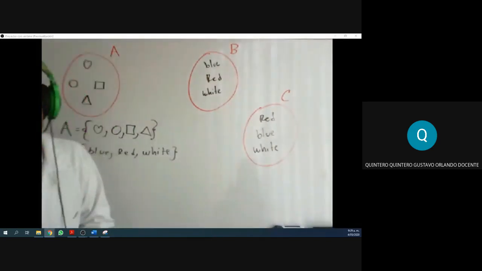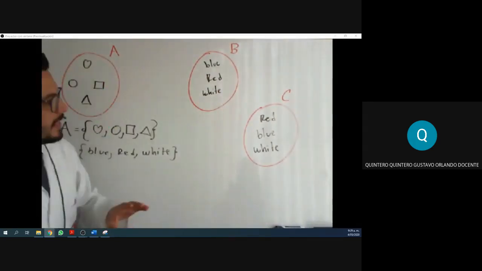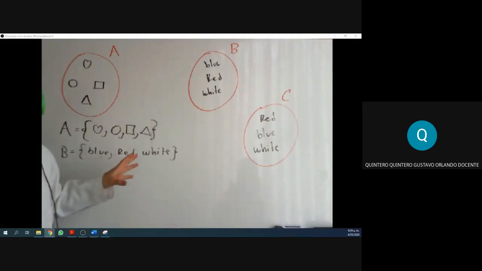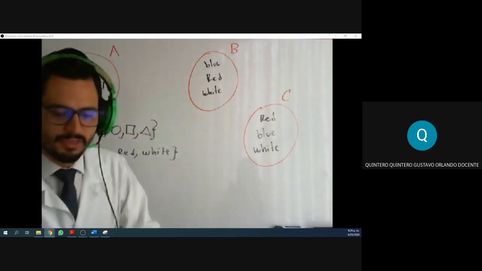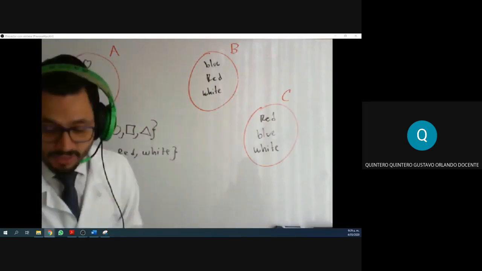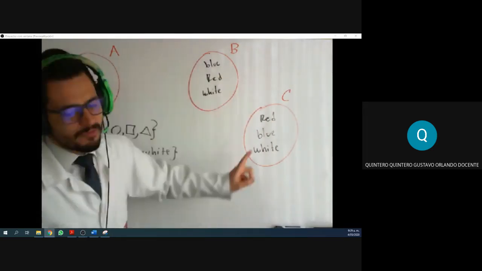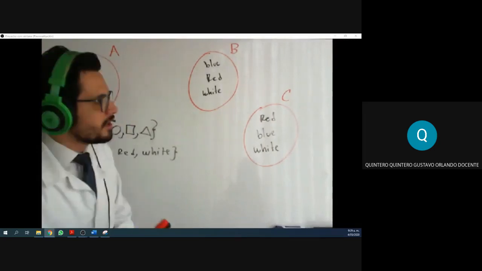In mathematics, in set theory, which is what we are studying, remember, everything that has to do with sets is called set theory. So in set theory, we call 2 sets the same when each and every one of their elements are the same. And we write it like this.